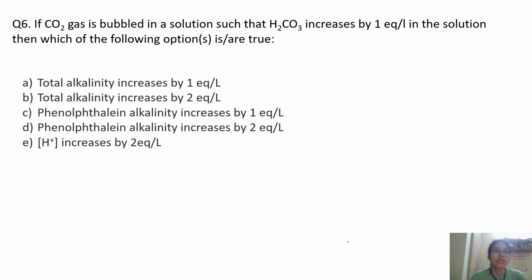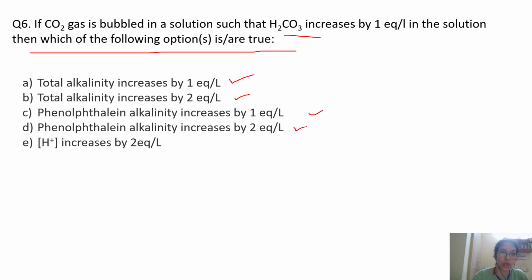It's kind of the same question. If CO2 gas is bubbled in the solution such that H2CO3 increases by 1 equivalent, which of the following options are true? Total alkalinity increases, total alkalinity increases by 2, phenolphthalein alkalinity increases by 1 or 2, or H plus increases by 2.